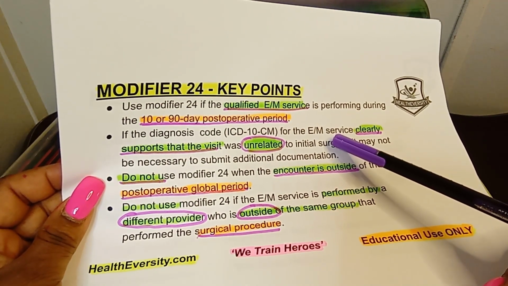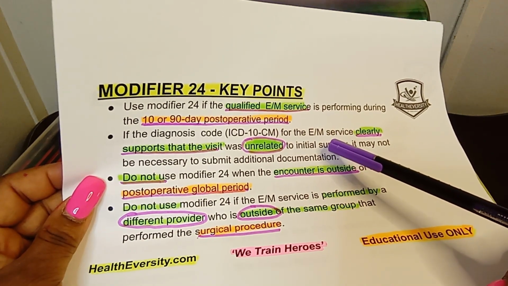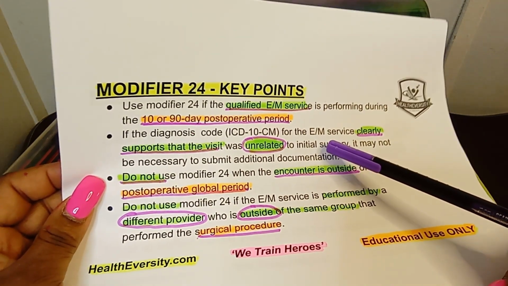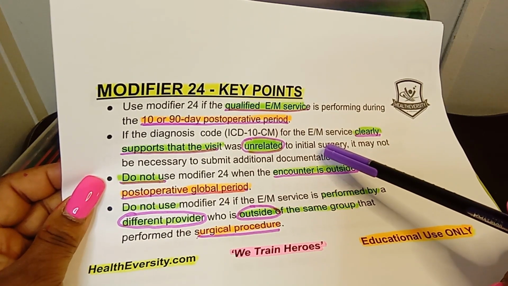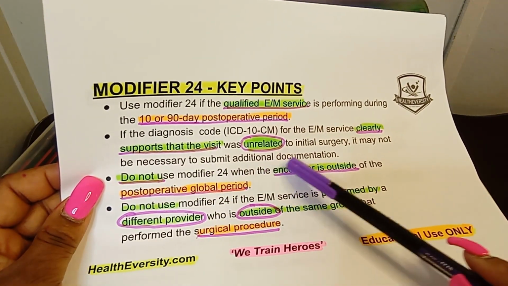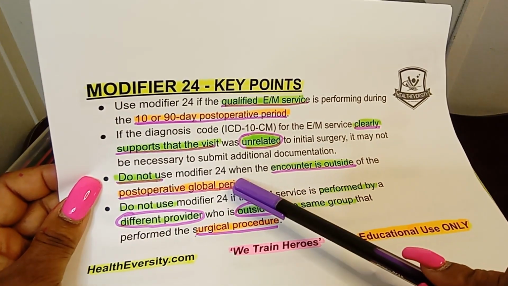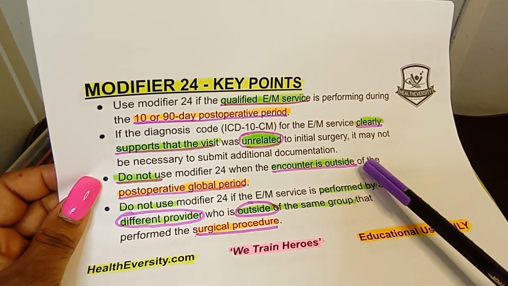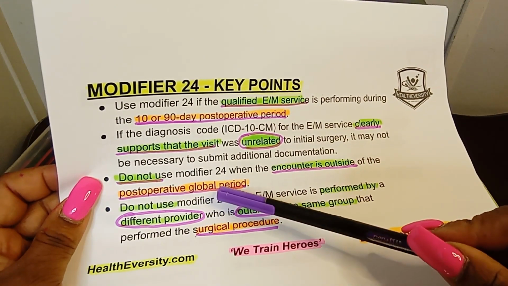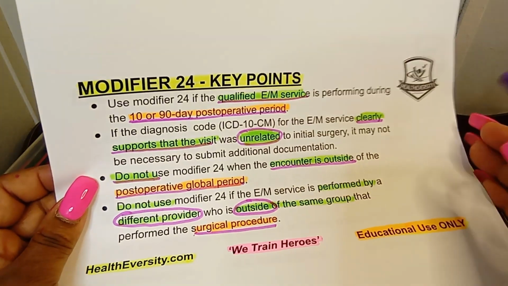Let's say somebody was worked on for a cyst on their finger, and now they have a cyst on their toe. It's two different things. It may be necessary to submit additional documentation. Do not use modifier 22 when the encounter is outside of the post-operative global period. It has to be within the post-operative period.